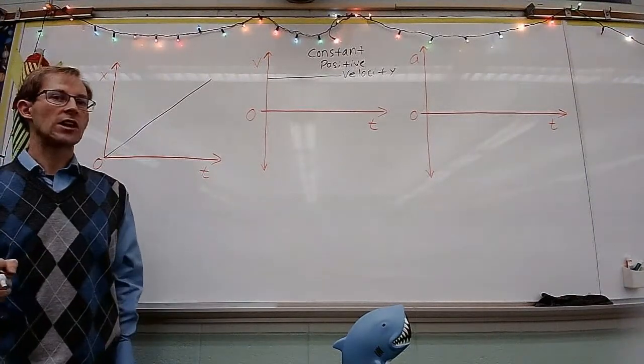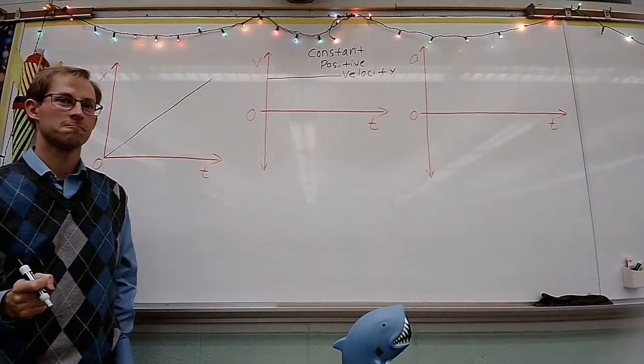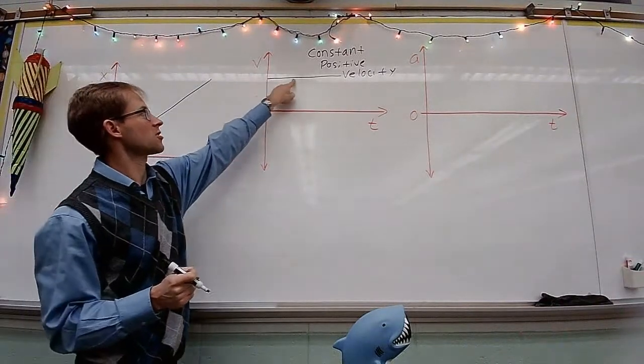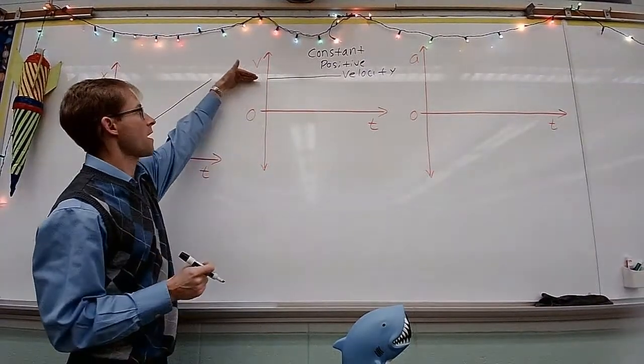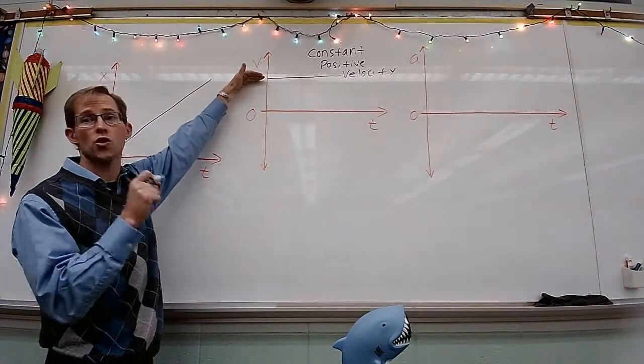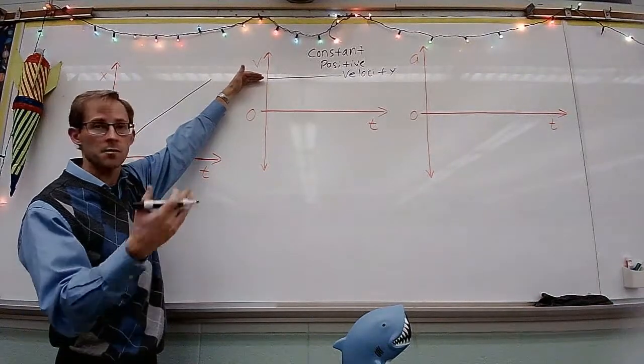Is our speed changing for this? No, because the velocity does not change as time goes on. Whatever this value is for velocity stays the same. So that means we don't have a situation where we're picking up speed or slowing down.